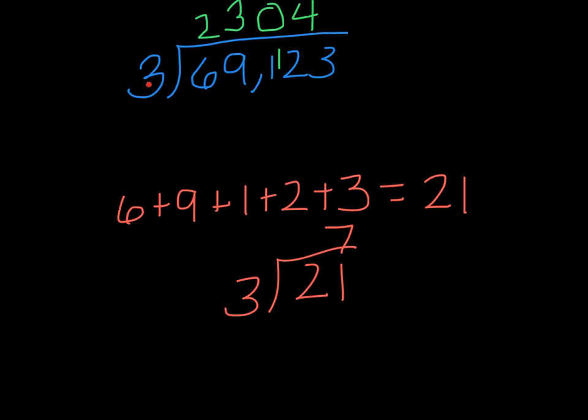Now we have 3 goes into 3 1 time. 1 times 3 equals 3. 3 minus 3 equals 0, and there's no remainder, just like we predicted down here using our divisibility rules. So our answer is 23,041. Remember to pause this as you need. You can also re-watch as many times as you need to before you head off onto today's lesson.